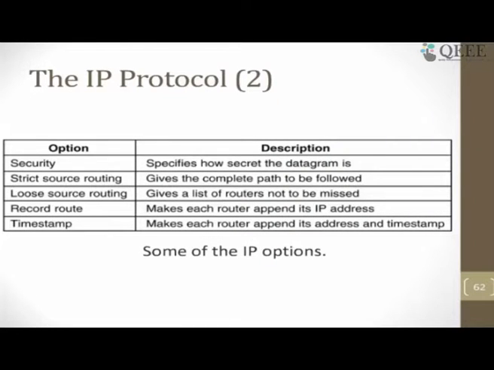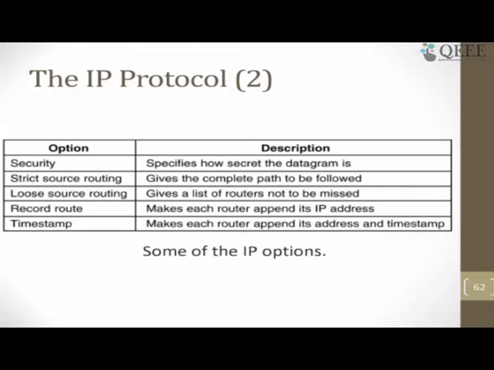Next part is record route. So this may be used for debugging, or some may have higher security concern, so all the routers through which the packet passes, you put in the IP of those routers inside the packet.